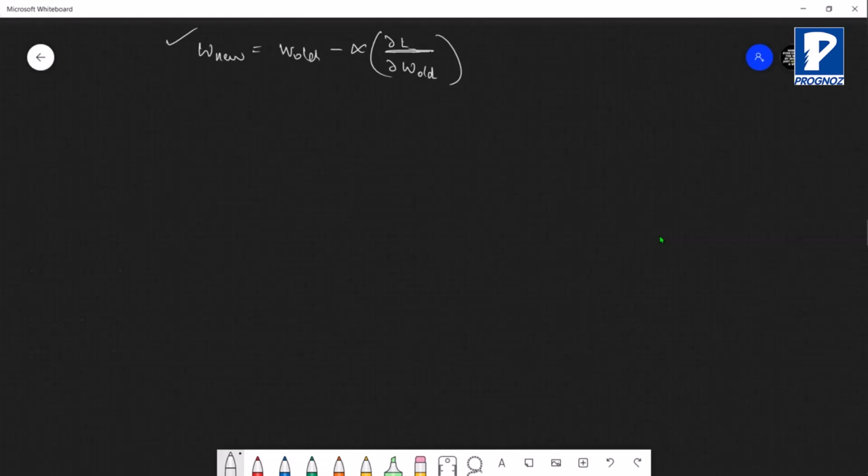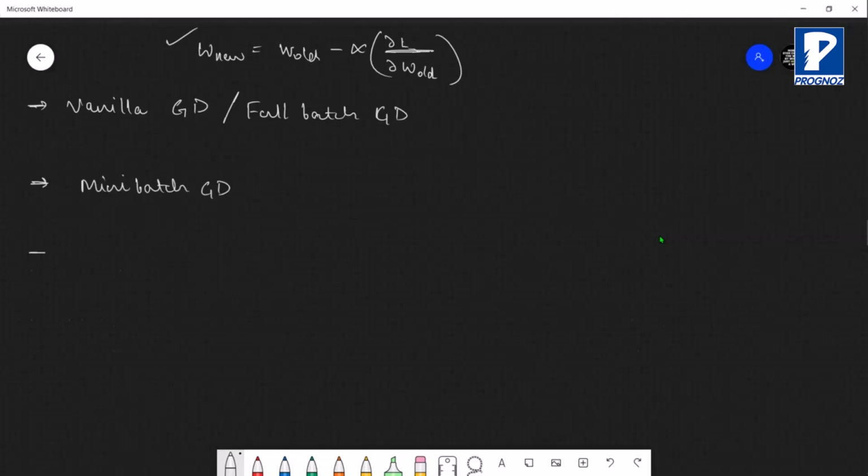Now, this formula or whatever formula we have discussed was with respect to vanilla gradient descent, which is also known as full batch gradient descent. This was the first kind of gradient descent which we have discussed. Today we will talk about something known as mini batch gradient descent.